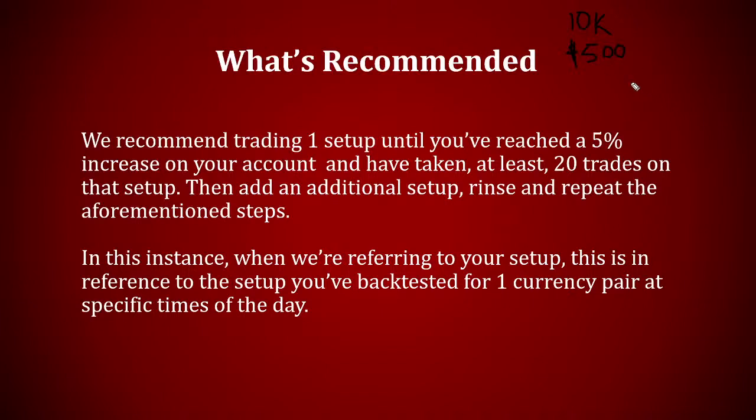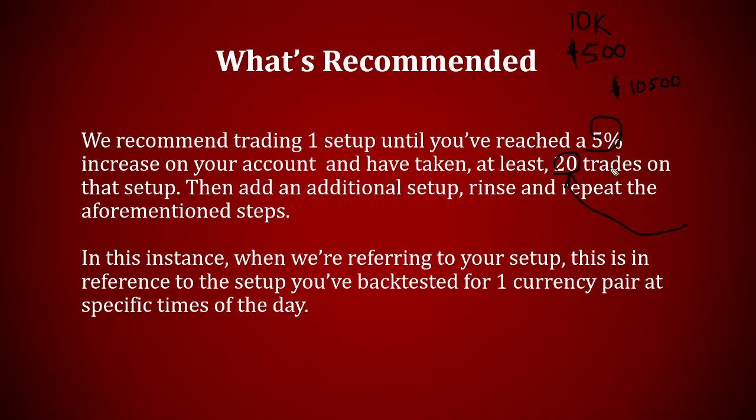Now from that point, 10.5, right? 5% increase and 20 trades. Because then we know that the 5% increase is not coming solely from the first trade, but it's also coming as a result of the second trade.